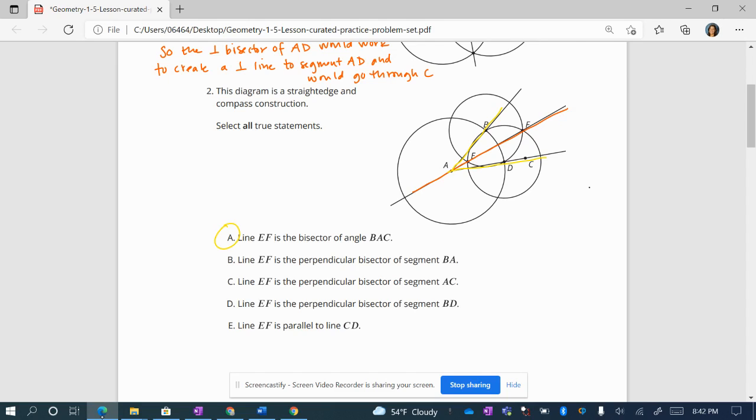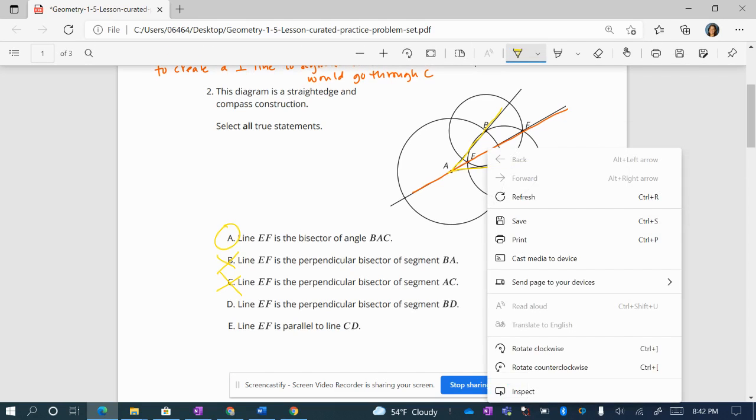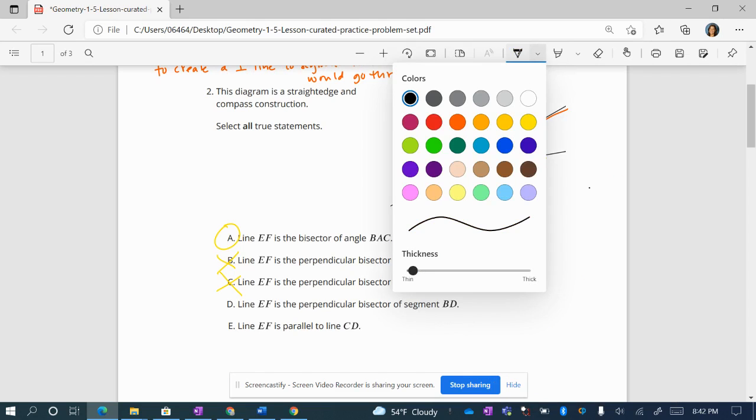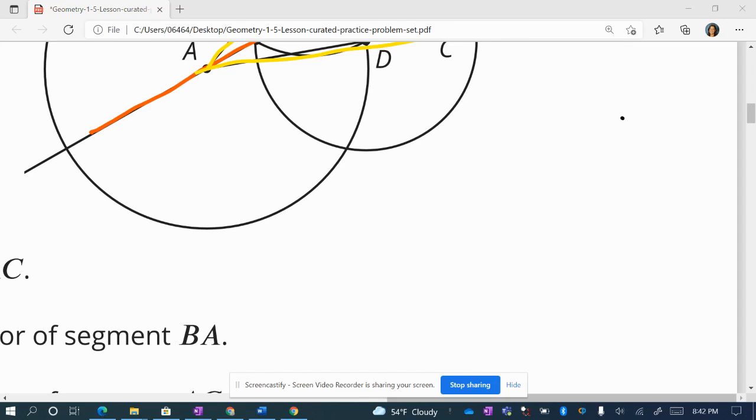Now, is line EF the perpendicular bisector of segment BA? Is it making a 90-degree angle and cutting BA in half? No. Is line EF the perpendicular bisector of AC? No. Is line EF the perpendicular bisector of BD? Let's go ahead and draw that segment in. Oopsie daisy.